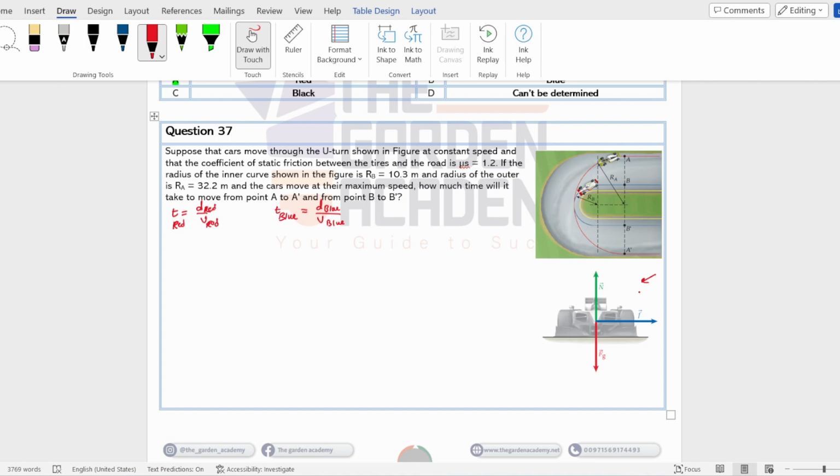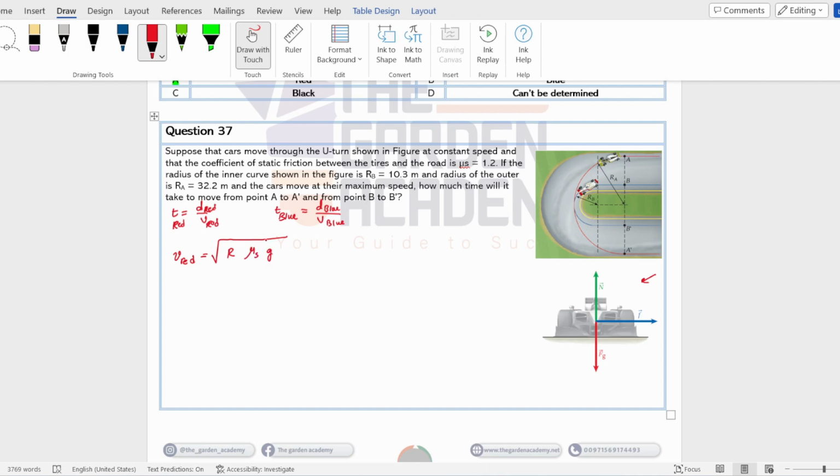In that case, we have an equation that we can always use. For the red path, V is equal to the square root of R times mu S times G.